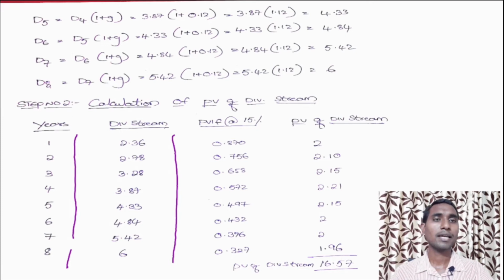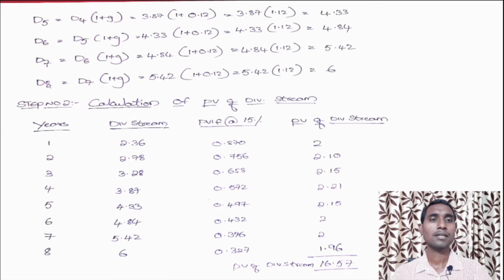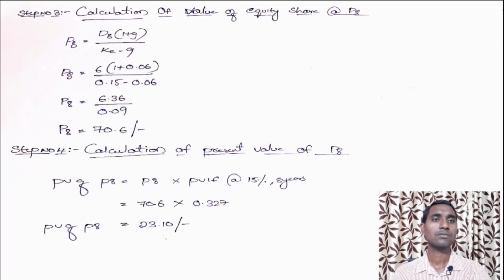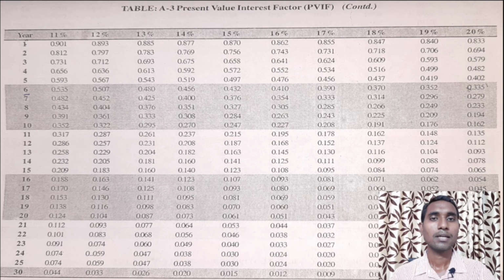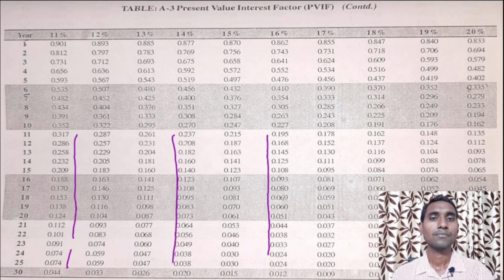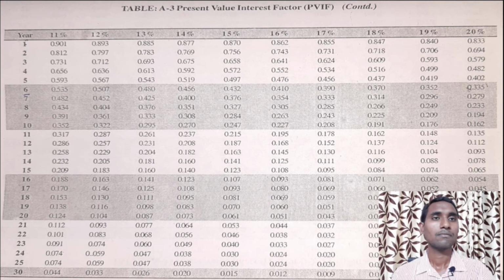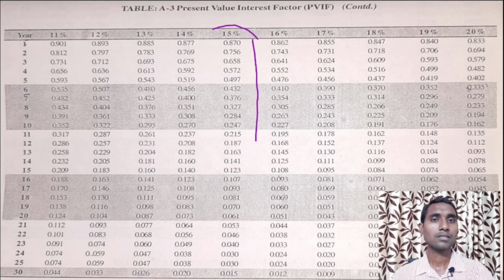Now by looking at the A3 table at 15%, I took the table values. See, A3 table, 15%. For 8 years I am choosing this.